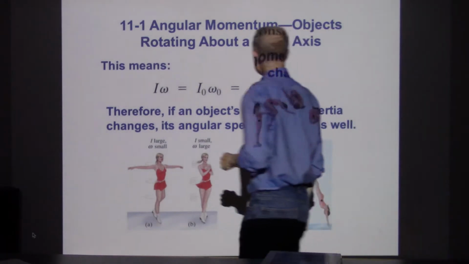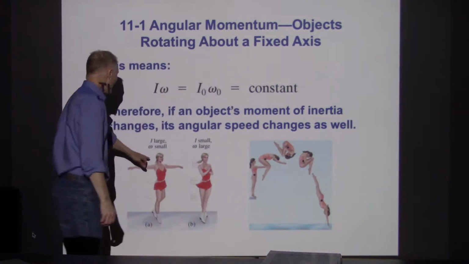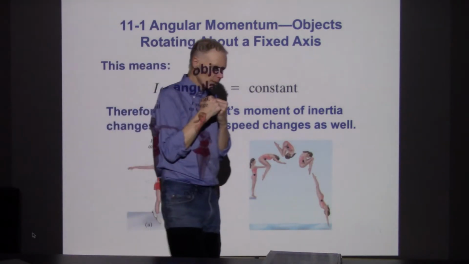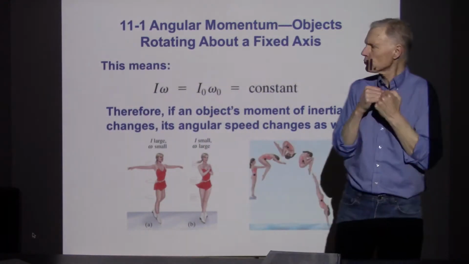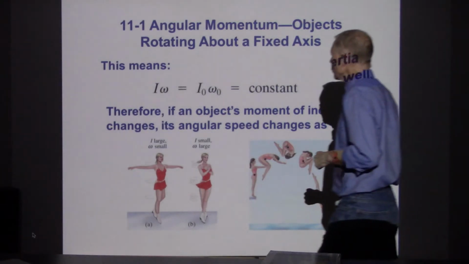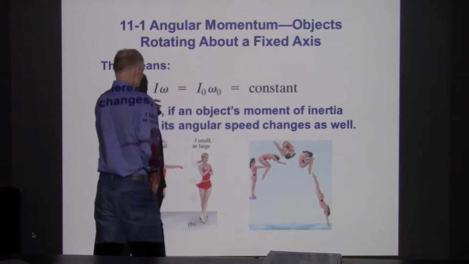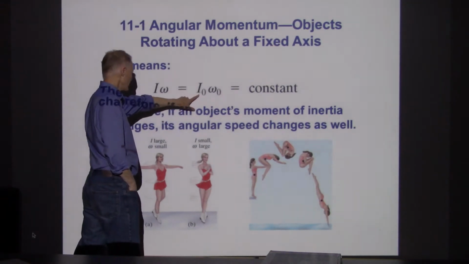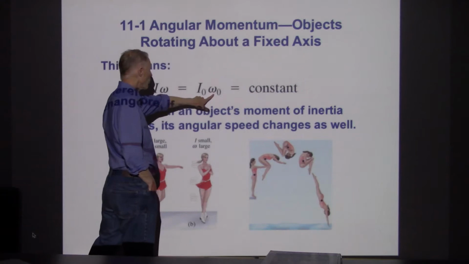Now what's happened here is that since there's no outside torques, when the skater brings their arms in, the only thing that's changed is the distribution of the mass. Here's the skater over here, let's say that there's a rotational inertia I naught, and they're spinning at a speed of omega naught.